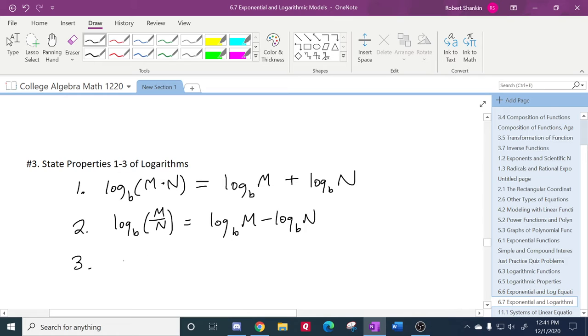Rule 3 comes up front. Okay, give me a little feedback on number 3, your recollection of the properties of logarithms.